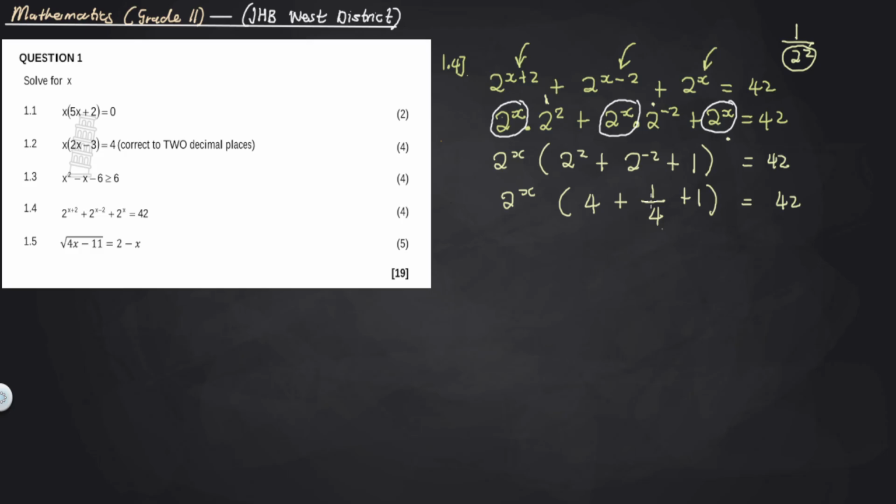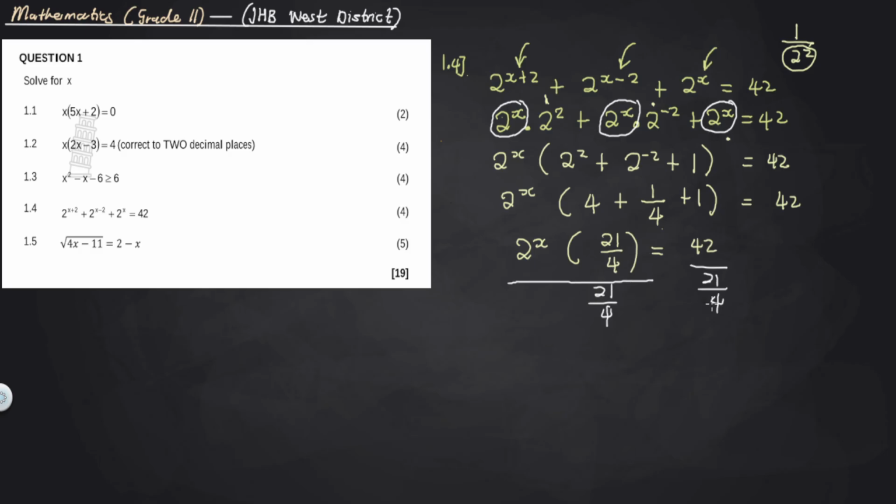That's 16, 17, 21, so it's 2 raised to exponent x times 21 over 4 equal to 42.